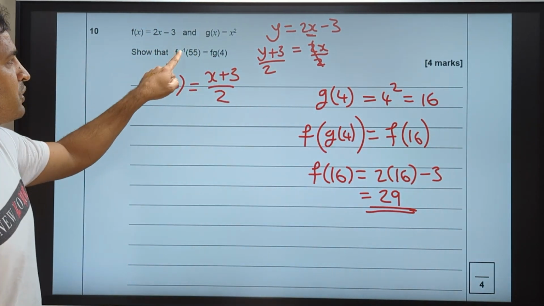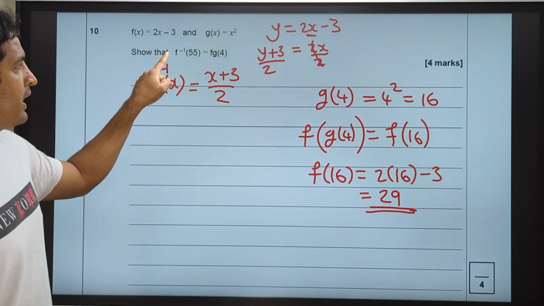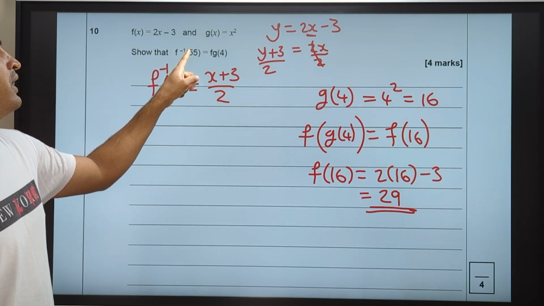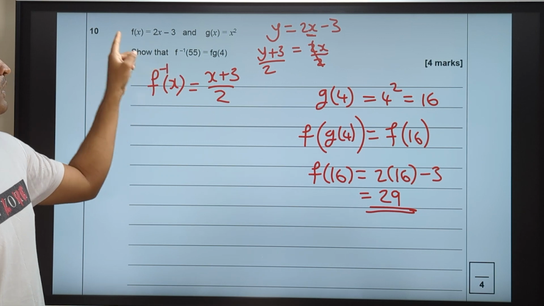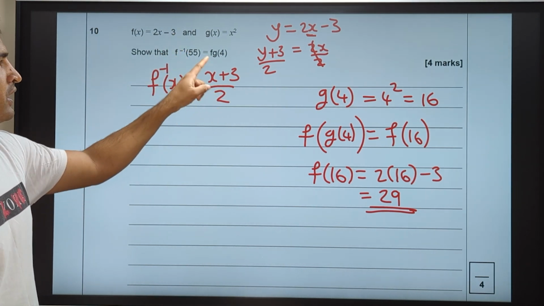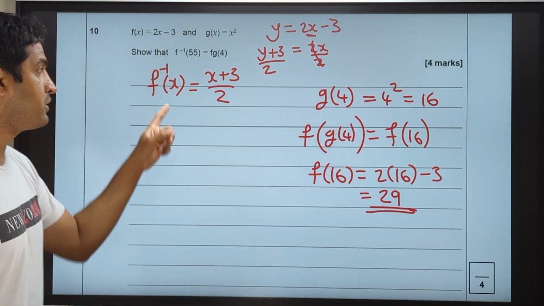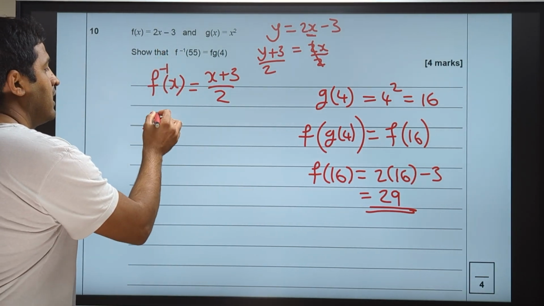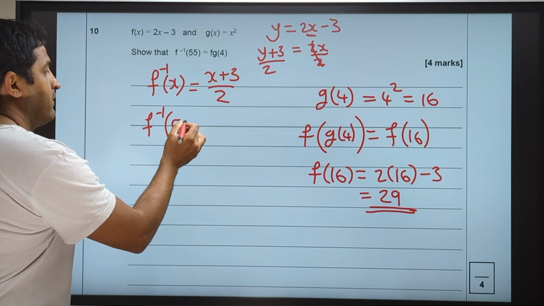And we need to make sure that f inverse of 55 gives you this same answer. If you look at the first function and do the inverse function of 55, then it should give you 29 as well. So in that function, we're putting 55.